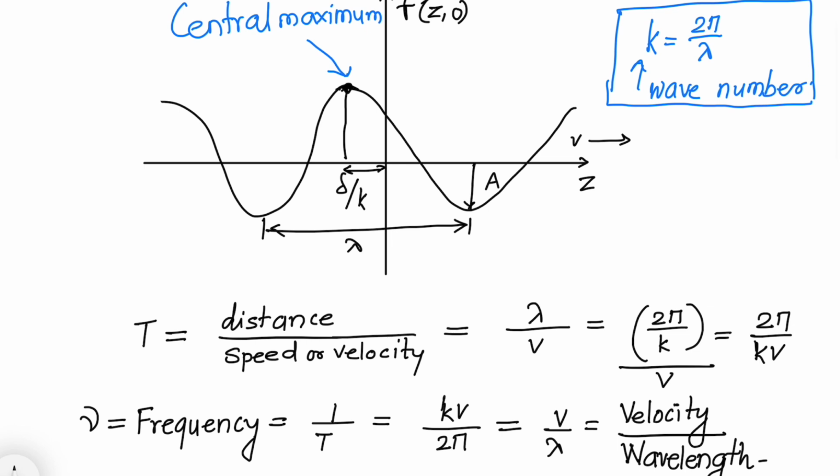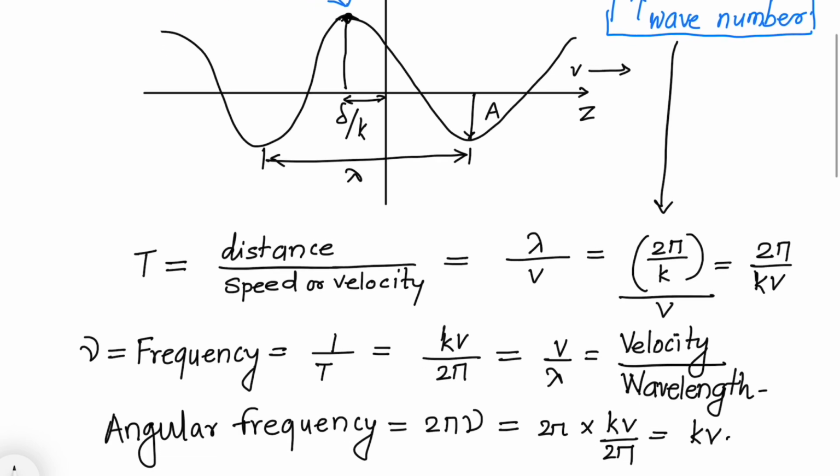Now if we try to see more formulas, the time period of the wave is given by distance upon speed or velocity. Distance here will be one wavelength, λ, and the speed is v. So 2π/k is your wavelength, which we can get from this equation, and thus we get time T = 2π/(kv).